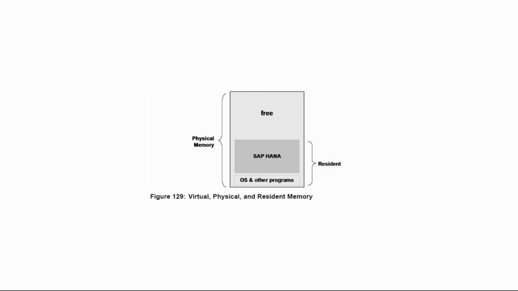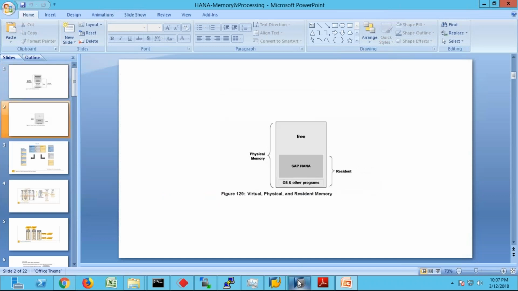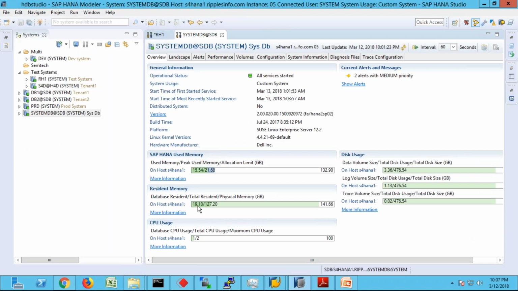Effectively, we call that total resident. See, this database resident is 19.10 only, and the total resident is 127. The meaning of that is the operating system and other programs are occupying a lot of RAM here. More than 100 GB is used by others.